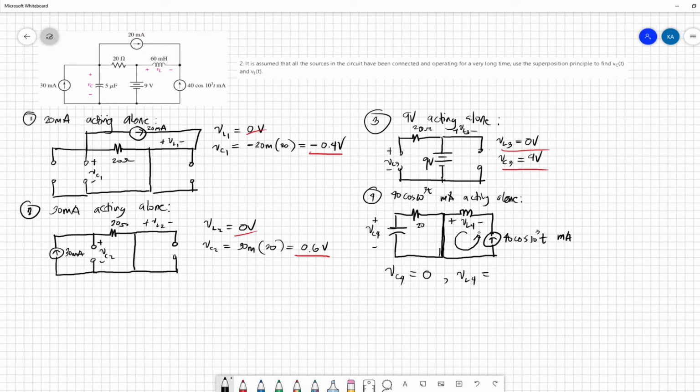Following the passive sign convention, we have negative 60 milli times the derivative of this current, 40 cosine of 10 to the power 3 t, this is milli. Solving for this derivative, we have the value of 2.4 sine 10 to the power 3 t volts.